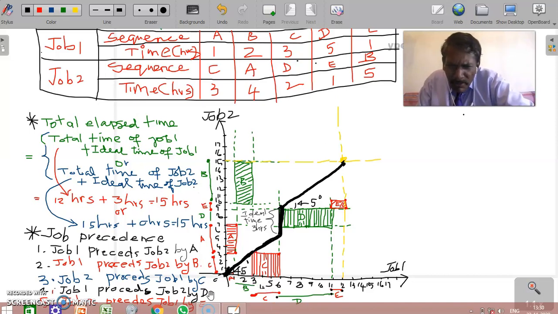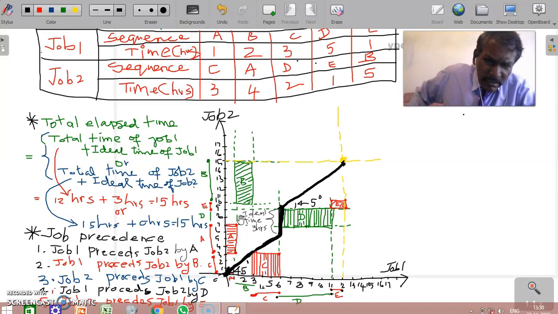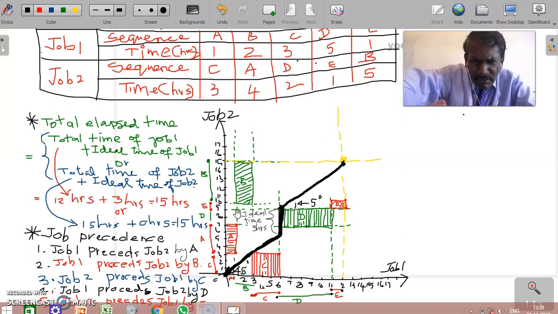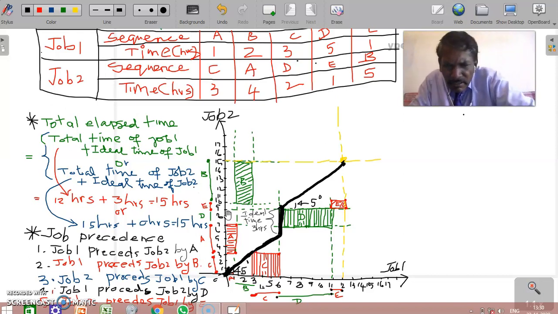Therefore, job precedence for D is job 1 precedes job 2. The last machine, E: on the first job it starts at the 11th hour, whereas on the second job it starts at the 9th hour itself.